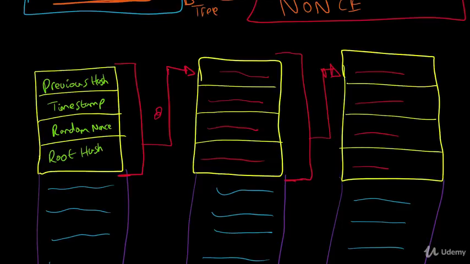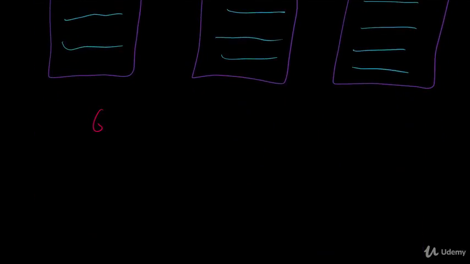You might have one question in your mind, and that is, what about the first block in blockchain? Where does that get its previous hash from? And that is called the Genesis block, and I believe I spelled Genesis wrong.